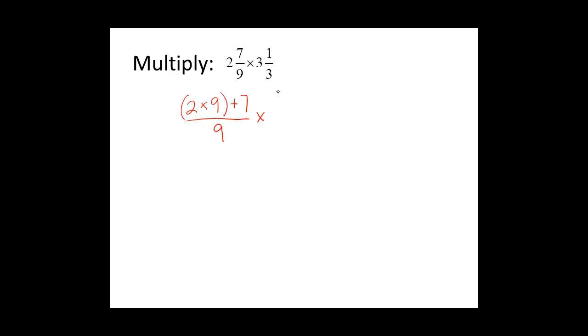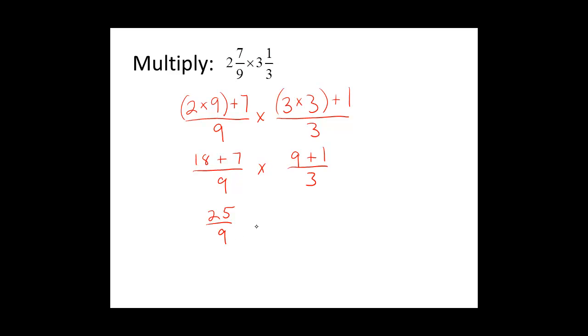And again, we'll do this to this mixed number, the whole number times the denominator plus the numerator, keeping the same denominator. 2 times 9 is 18. 3 times 3 is 9. 18 plus 7 is 25. 9 plus 1 is 10.